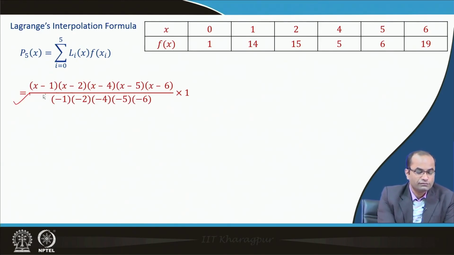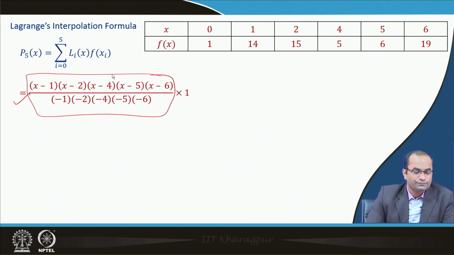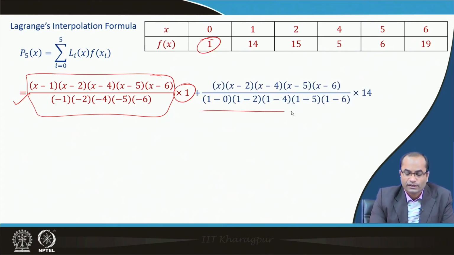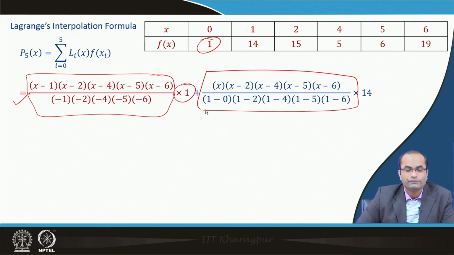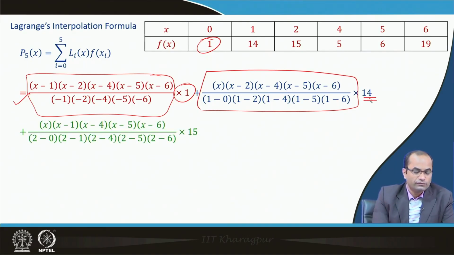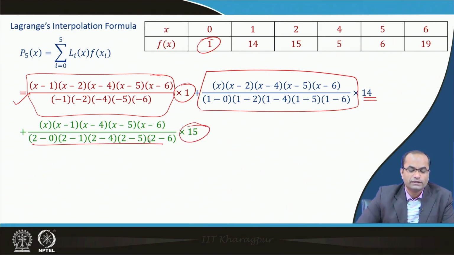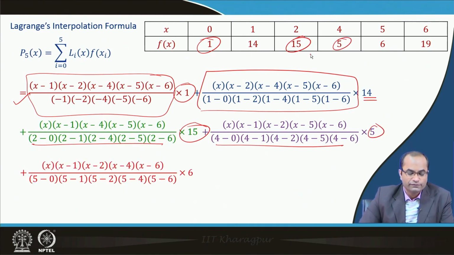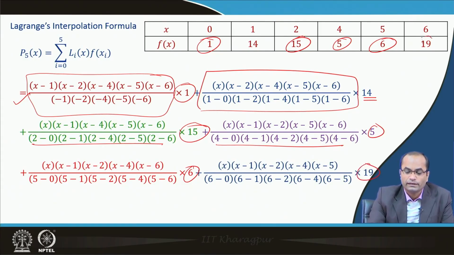So, this is the first term, we have this L0 here, a 5 degree polynomial, multiplied by this value f x 0. Then we have again this L1, the 5 degree polynomial, which will be multiplied by this 14, we have again a 5 degree polynomial multiplied by 15, and then here again a 5 degree polynomial, which will be multiplied by 5, this will be multiplied by 6 here, and then it will be multiplied by 9.